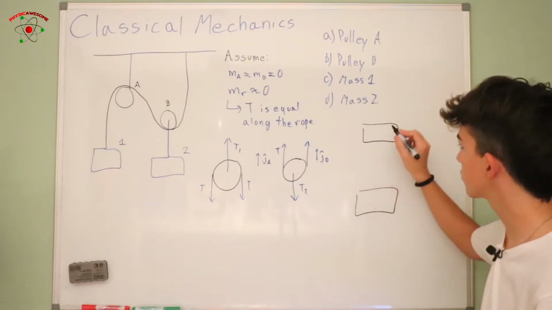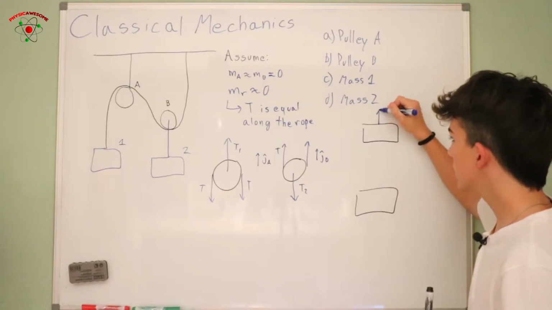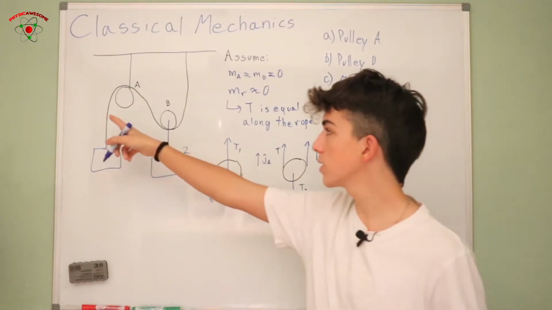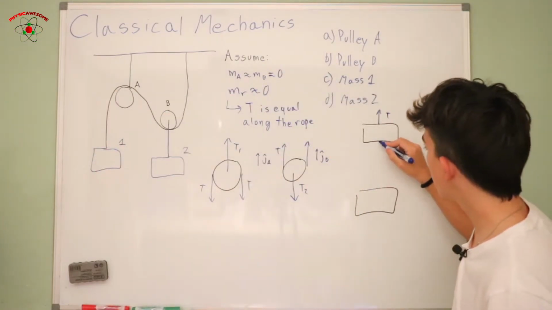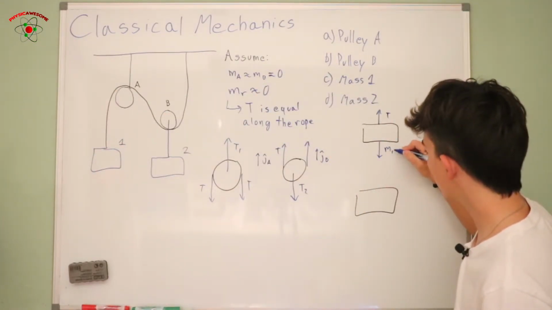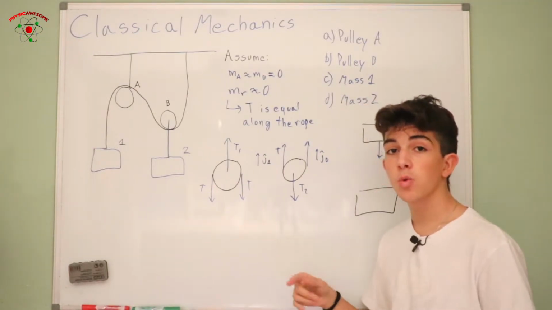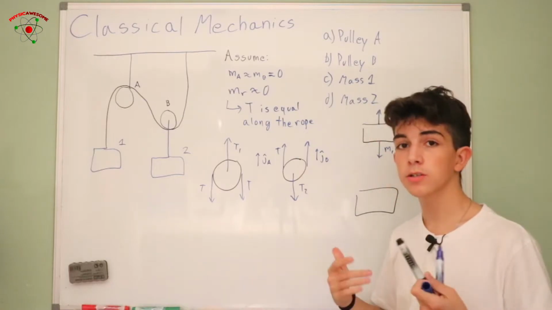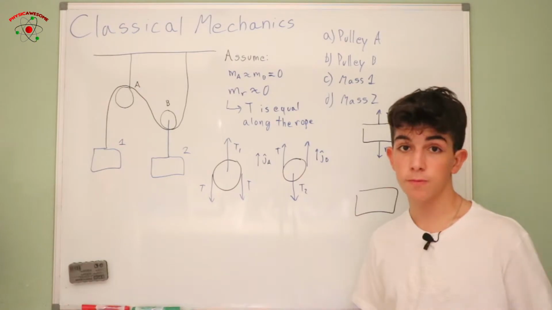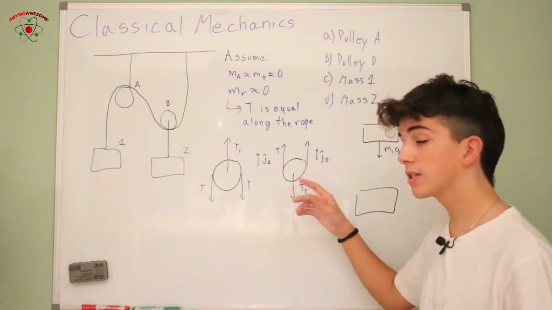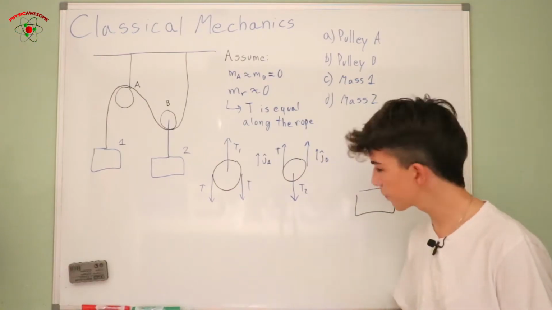Let's draw mass 1 over here and mass 2 over here. Mass 1 has a tension, and it's tension T because it's the one of the principal rope, and it's going to have a weight m1g. Note that in the cases of the pulleys, we are not noting the weight because we said the masses of them are really small, and therefore this component is going to be really small compared to the tensions.